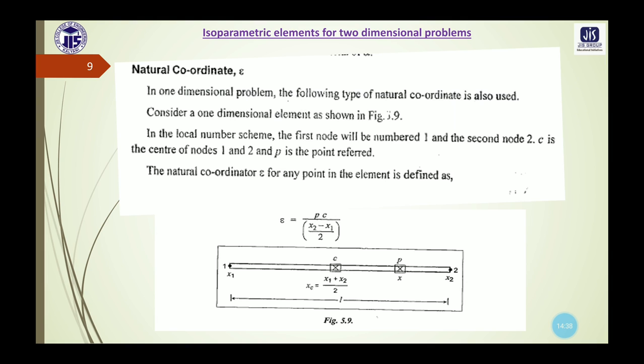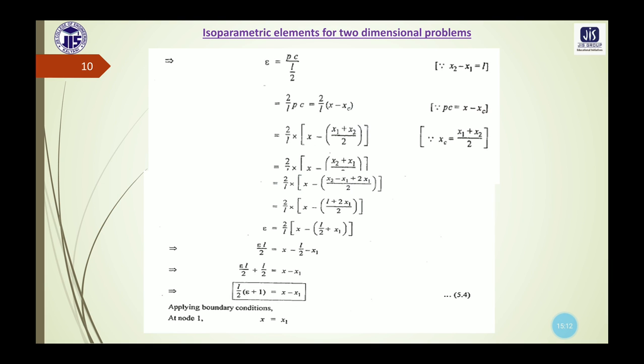P is the referred point here, and its Cartesian coordinate is x. Now the natural coordinate epsilon for any point in the element is defined as epsilon equals PC divided by x2 minus x1 by 2. This is the formula for the natural coordinate in the case of this one-dimensional element.